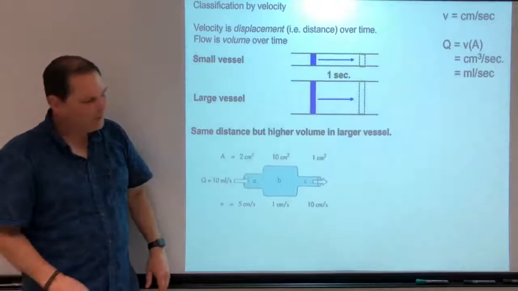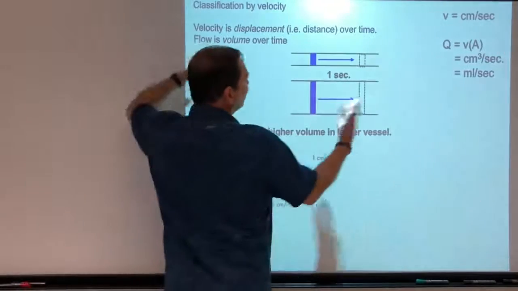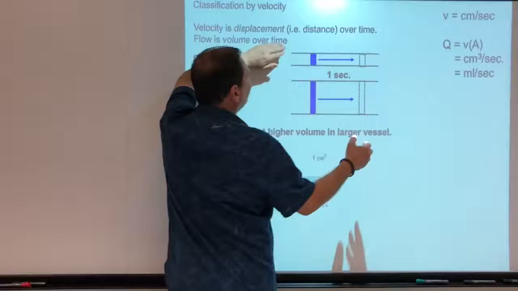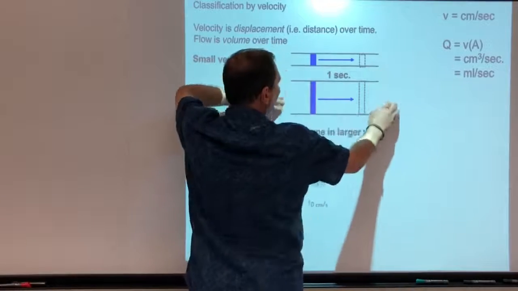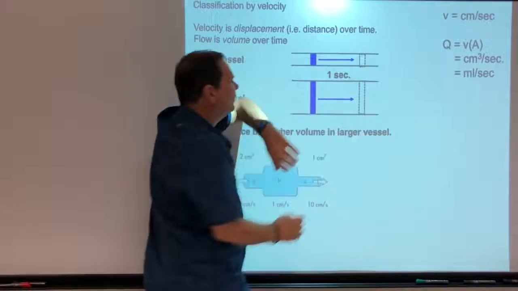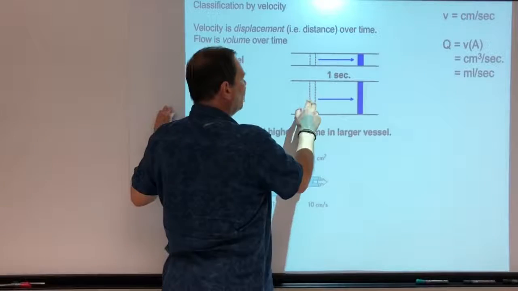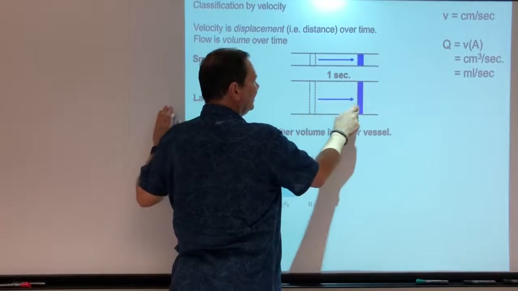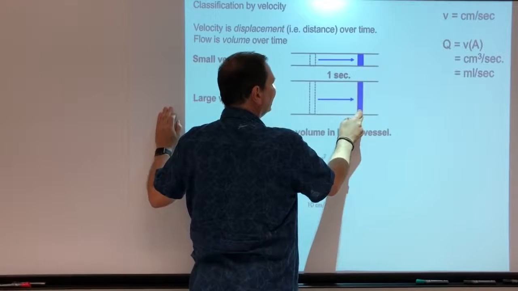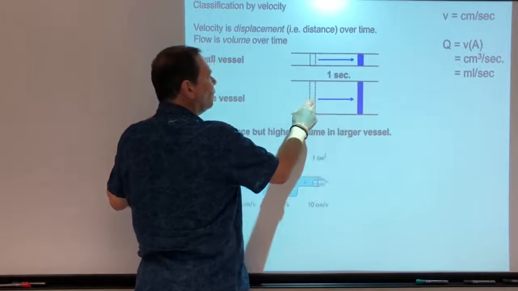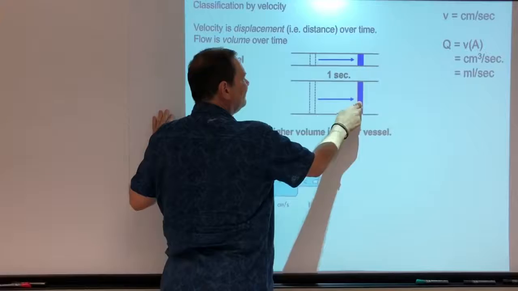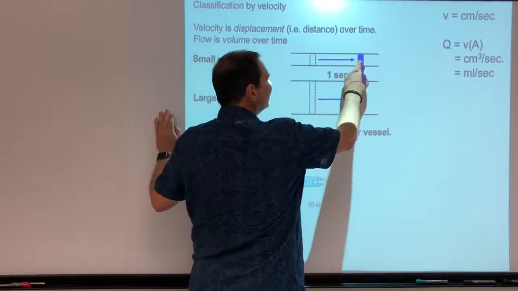Now, blood will flow, water will flow, blood's got water in it, from high pressure to low pressure through each of these vessels. As that happens, water will move from here to here over a certain distance. And you will notice that that water molecule moved the same distance in each of these vessels.